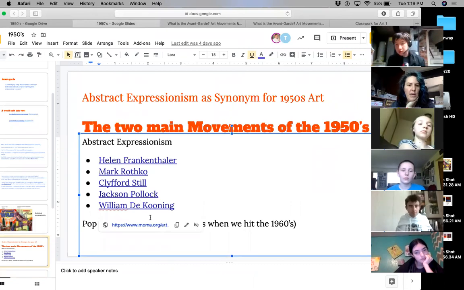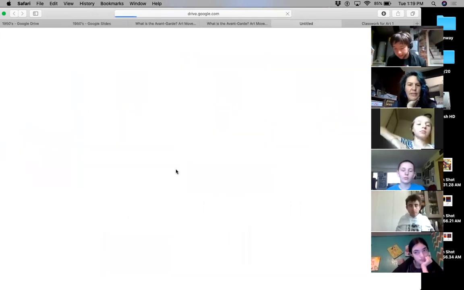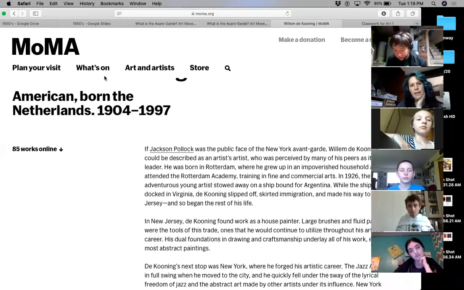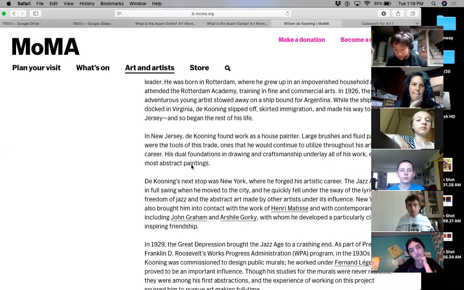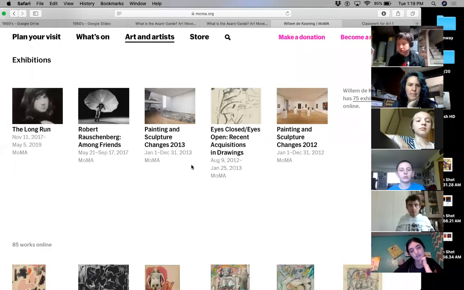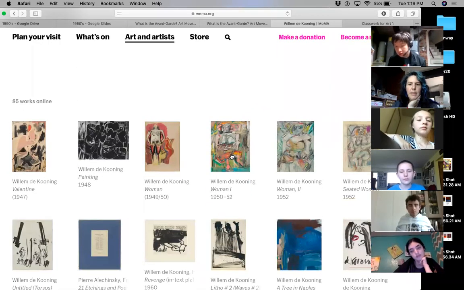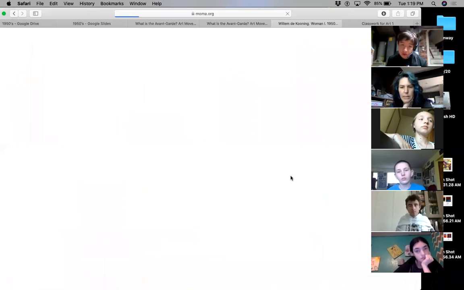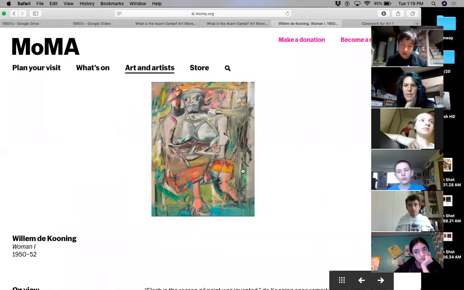And then Mr. William here, de Kooning. De Kooning would do the human form. Here's an example of his abstract expressionism, right?